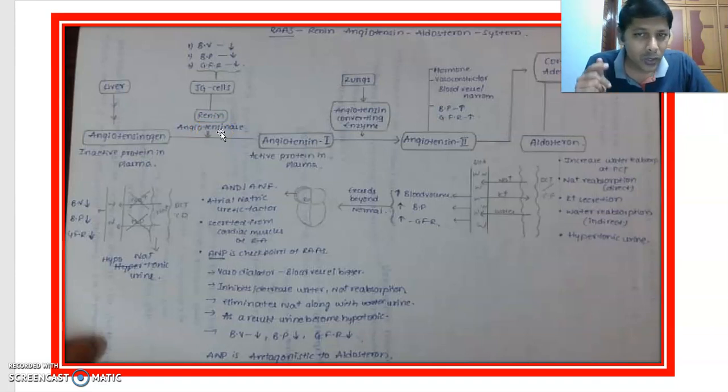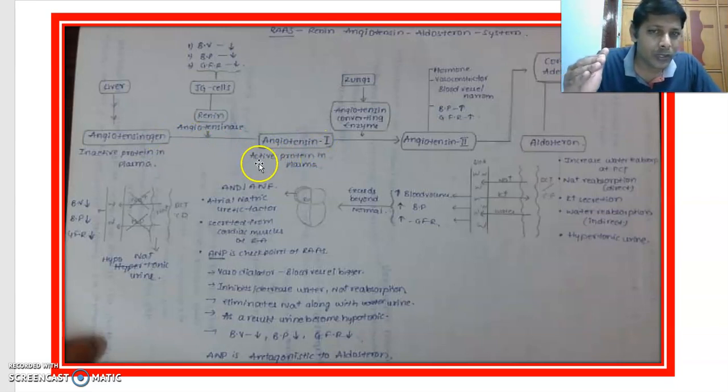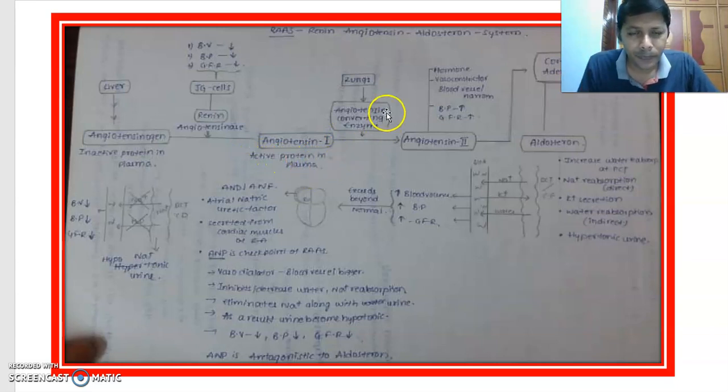It is acting on angiotensinogen and converts it into angiotensin 1, which no longer has the 'ogen'; it is the active protein in the plasma.